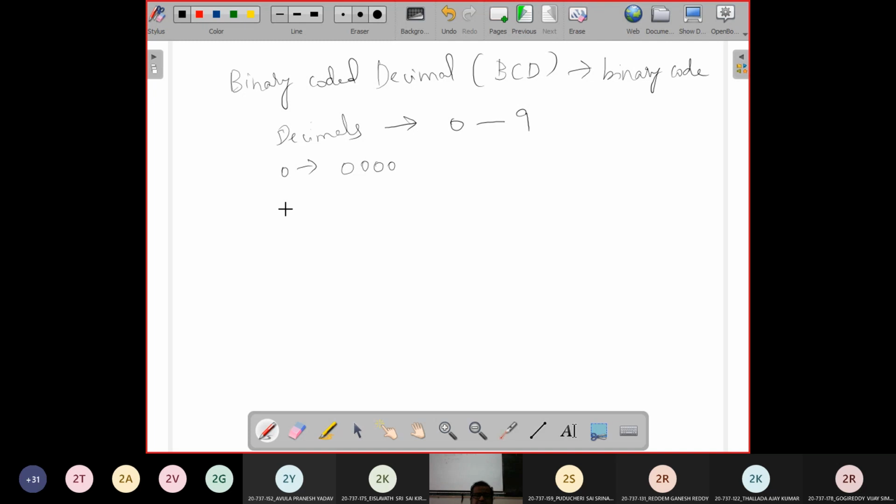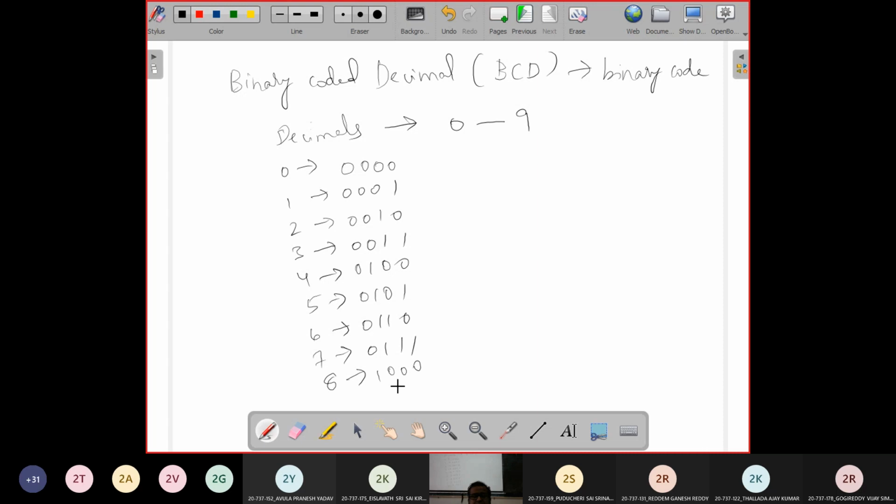So I will put 0 as this. 1 I will put something like this. 2 I will put something like this. 3 like this. 4 like this. 5 like this. 6 like this. 7 like this. And finally 8 like this. And 9 like this.